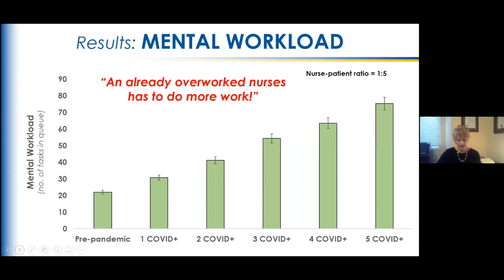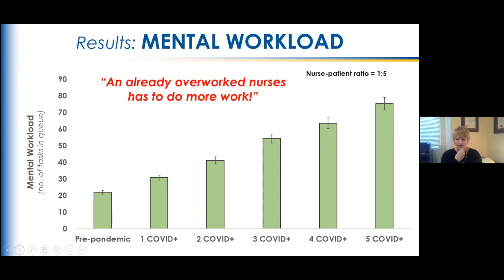So the other outcomes that we found, so mental workload was measured as the average number of tasks in queue, or the number of tasks that a nurse needs to do for the patient. So in reality, when a nurse is busy with their patients, they'll still be thinking about, okay, I've got to do this, this, and this for my patients. And in the model, these tasks arrive to the nurses over time.